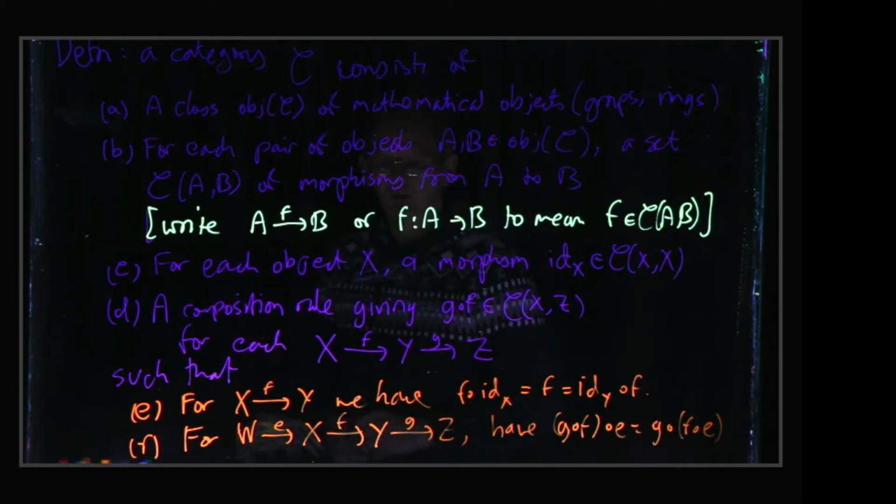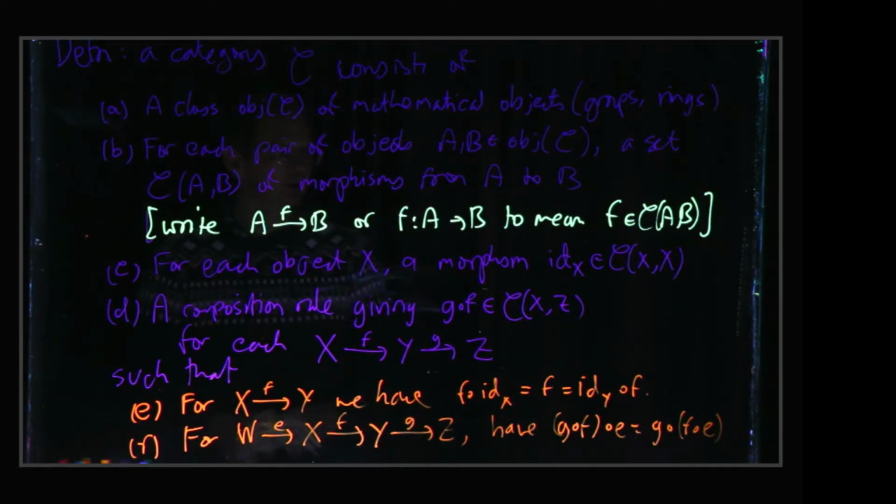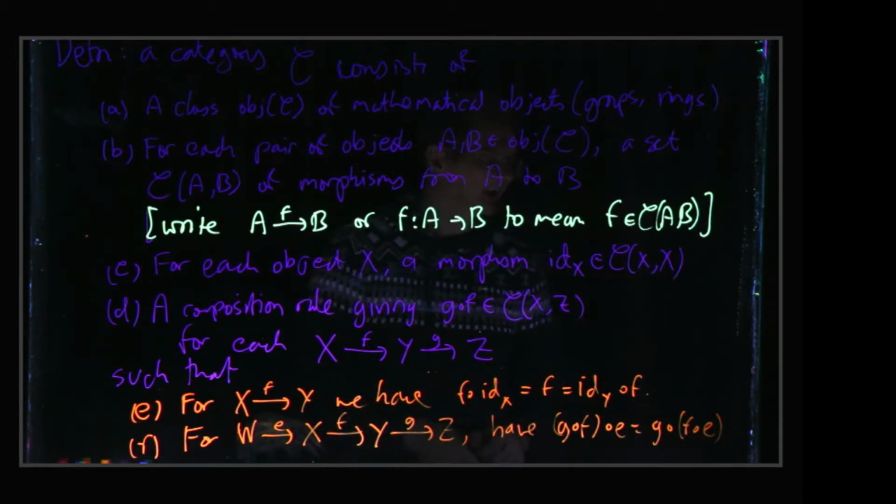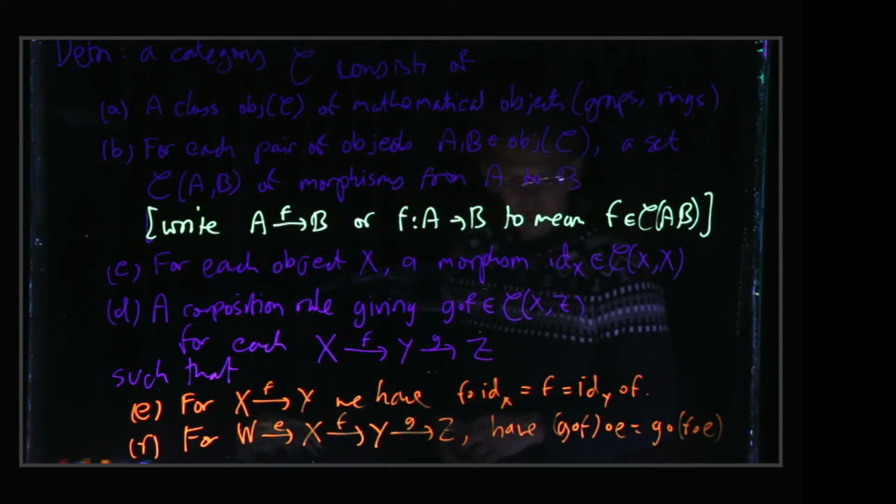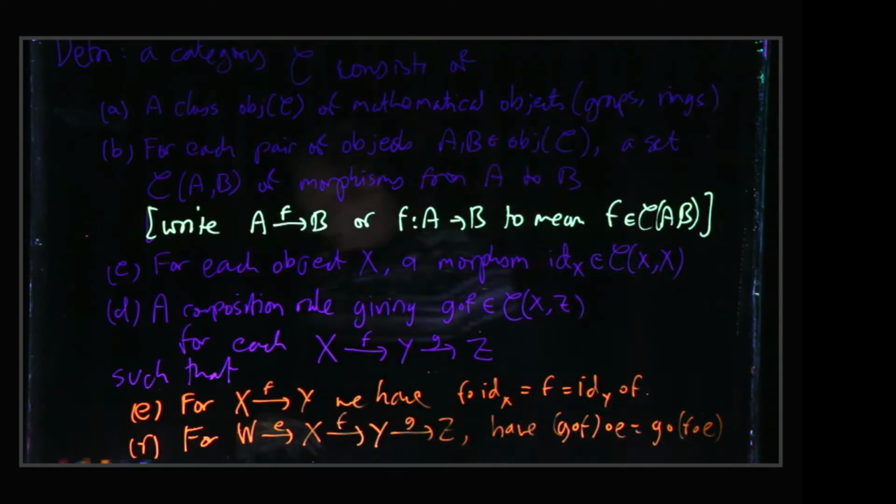So we've got a composition rule that behaves in the right way. And then these two axioms, E and F, are kind of completely obvious in that context. So I've got a couple more examples in a minute.